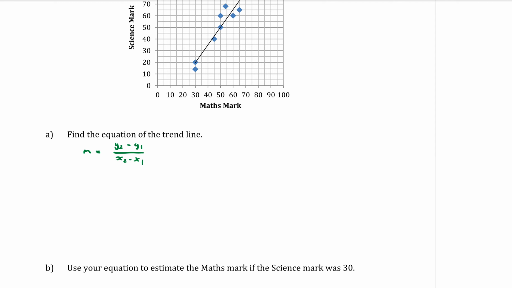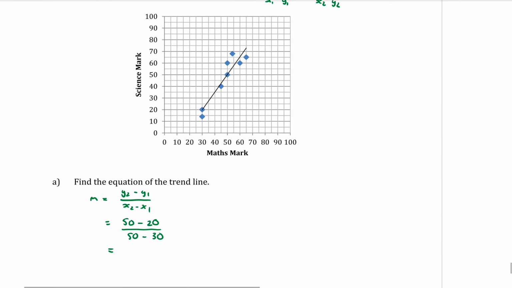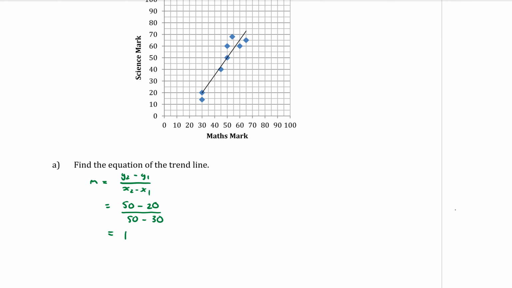So up here, x1, y1, x2, y2. So y2 was 50 minus y1, which was 20. x2 is 50 minus x1, which is 30. Okay, and when you calculate that, it comes out to be about 1.5 or 3 over 2 if we want it left as an improper fraction.